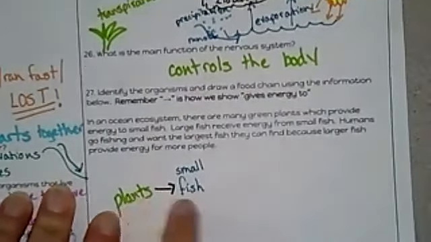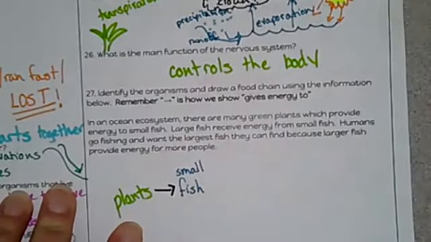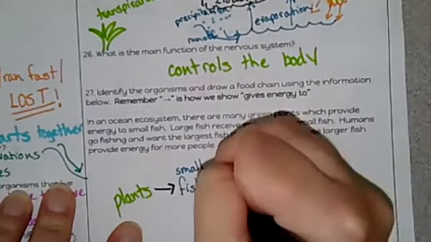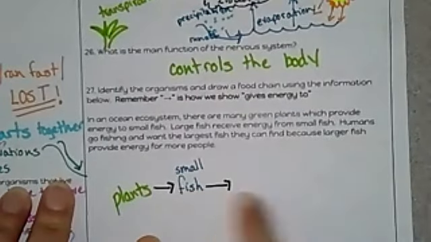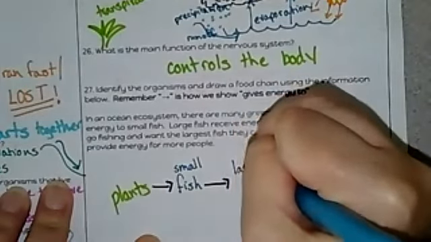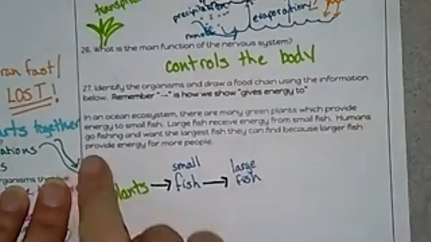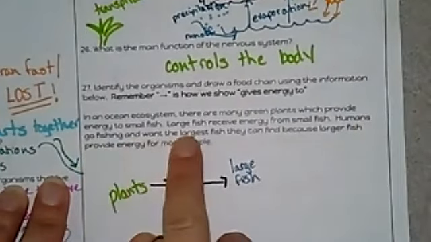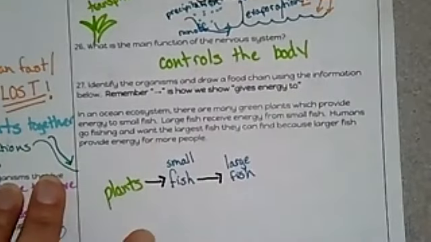The energy from the plants goes into the fish. Then the large fish get energy from the small fish. So the energy transfers again. Humans go fishing and they want the largest fish they can find because larger fish provide energy for more people.